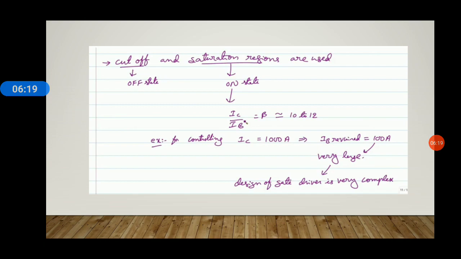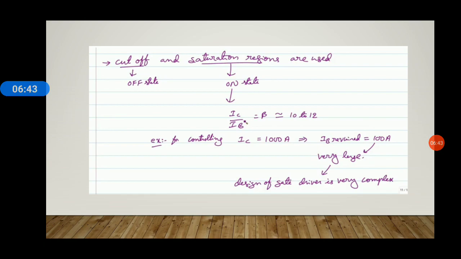Now here, cutoff means off state, as we know, and I am here considering the fact, as I've also mentioned in the previous video, that we all know the basic theory behind a normal or low power BJT. Now we know cutoff is the off state and the saturation region is the on state.